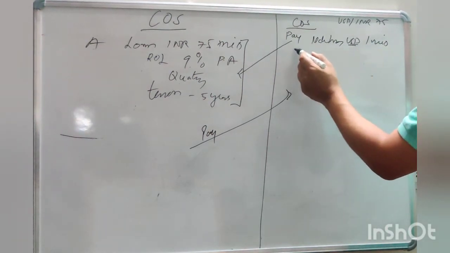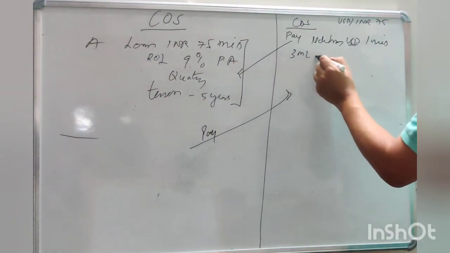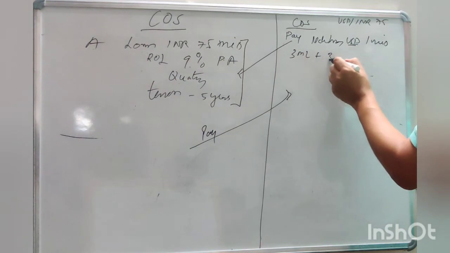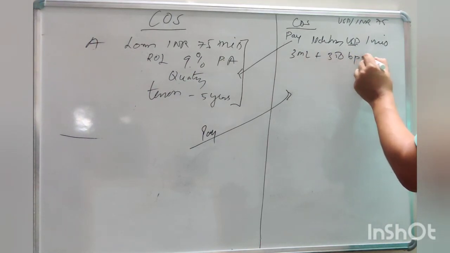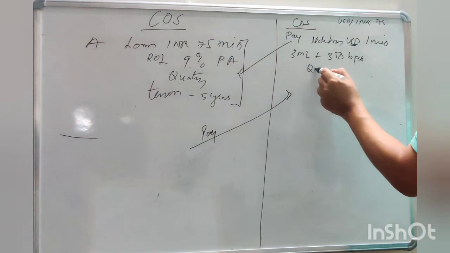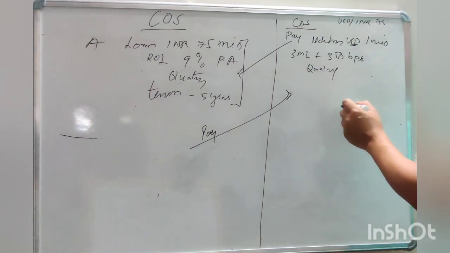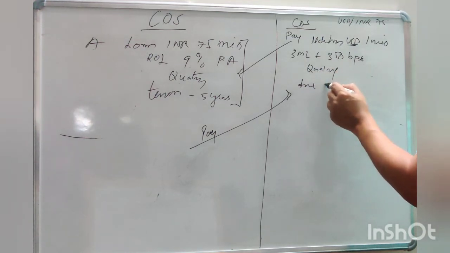The customer will pay, let's say, 3-month LIBOR plus 350 bps, quarterly settlement, for a tenor of 5 years.